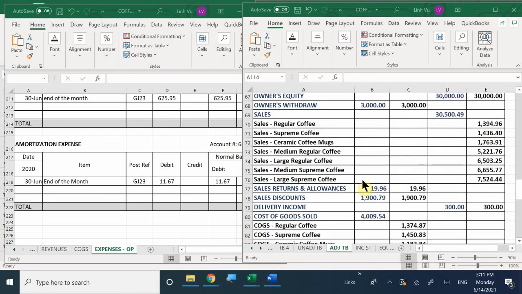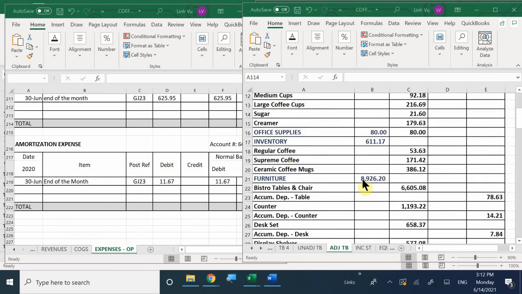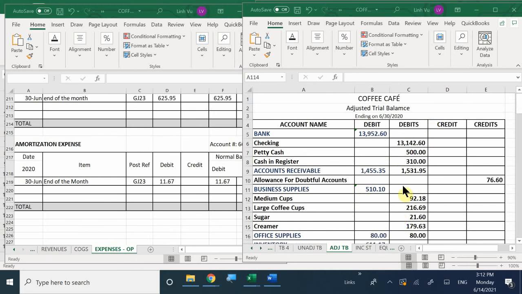Everybody else okay? I'm off by 60 cents somewhere. On the main or all the accounts? Not on my credits.